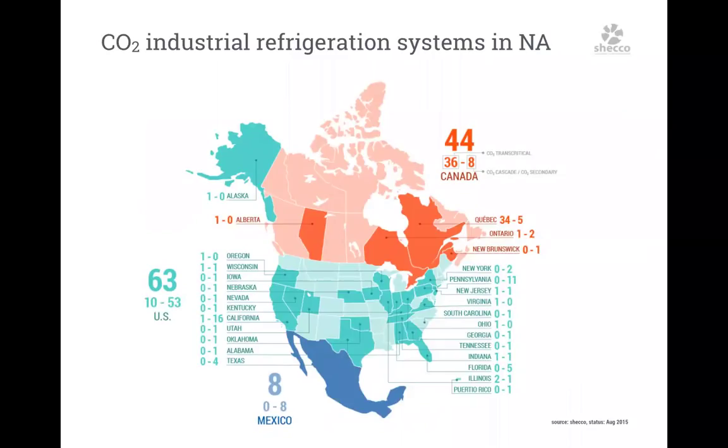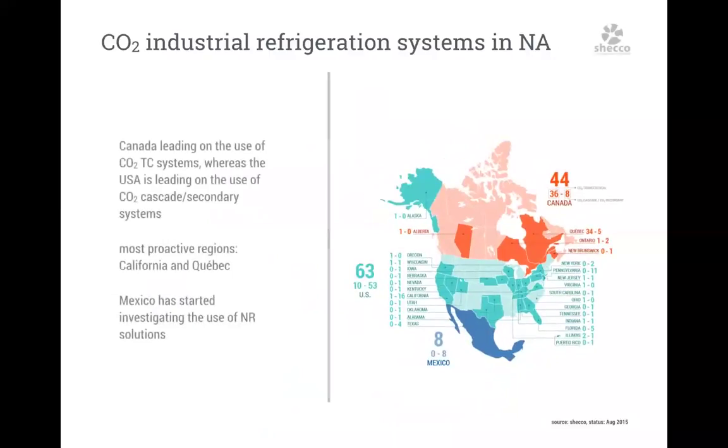So this map here shows the use of CO2, either transcritical or in terms of cascade or CO2 secondary systems. What we can note here is Canada is leading again, as was mentioned before, on the CO2 transcritical system side, whereas the USA is betting more on cascade secondary systems right now. Mexico has also started very slowly to use natural refrigerants in that area.